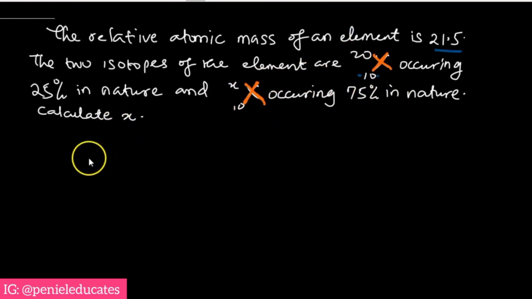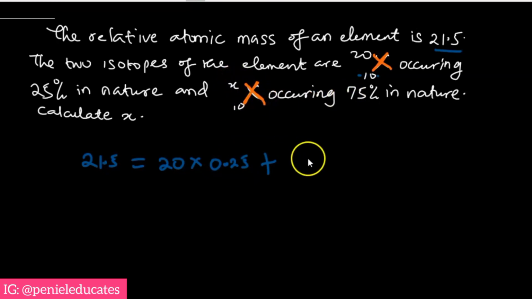So the relative atomic mass 21.5 is equal to, don't forget, this mass that we're given is 20. So we have 20 multiplied by the abundance, 0.25, plus this particular one that we don't know, which is x, multiplied by 0.75.